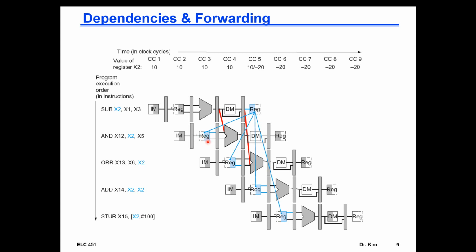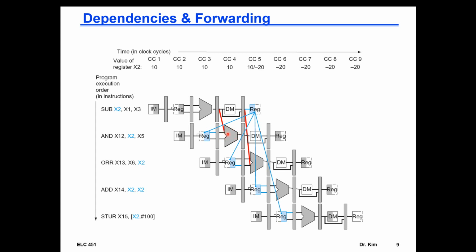Here we want to read registers 2 and 5, but register 2, which is the result of the previous instruction, at this time is right here. It's right here at the output of the ALU. So what is going to come out of the register file is not the right result. It's the old value of register 2 that we're going to overwrite 2 clock cycles later.